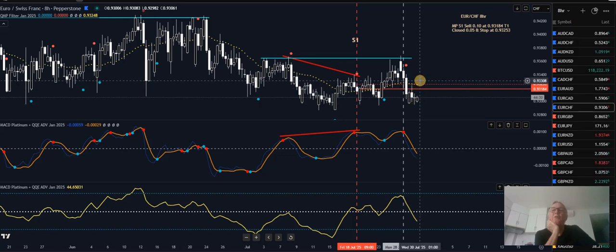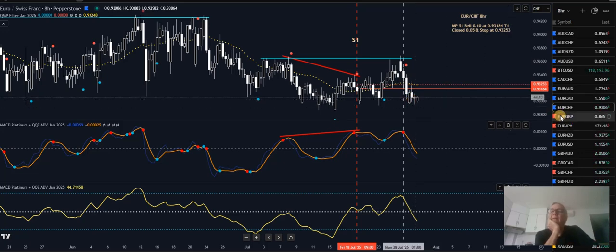If it goes up and stops me out, it's going to be an overall break even. I think the swap is not that good on the short side on the Euro Swiss, so it's probably not a great result, but I'm kicking myself for missing that sell. It probably wouldn't have given me much more.